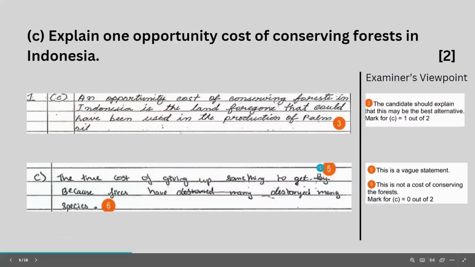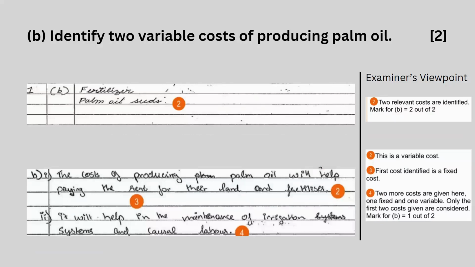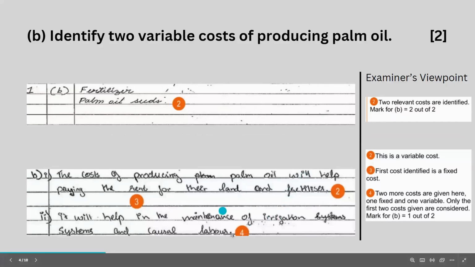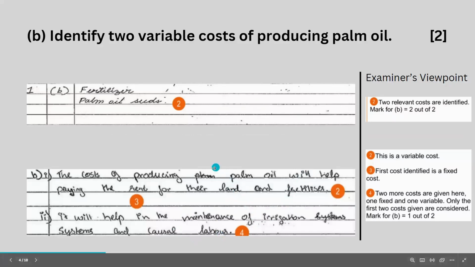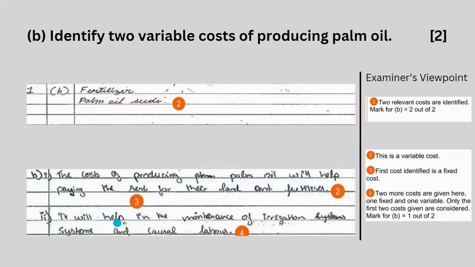Okay, let's see the second one. Also, one thing to note here is that in the second line, in the fourth part, they have also given casual labor, which is a variable cost. But in the examination, they are going to see what first two costs you have given. The student over here has given a variable cost first, but maintenance of irrigation was a fixed cost.